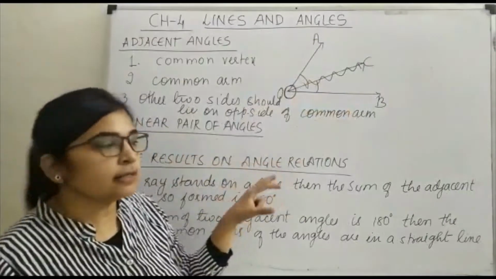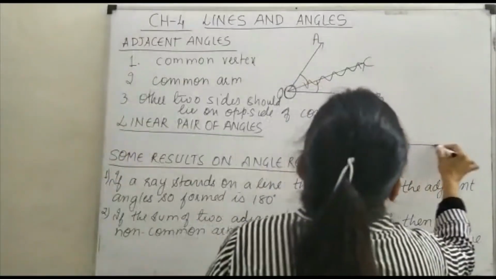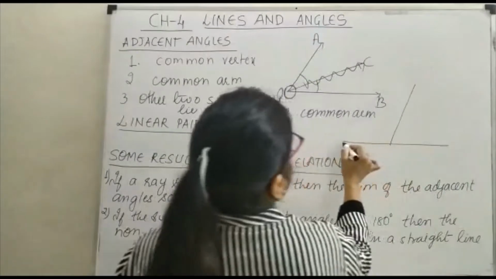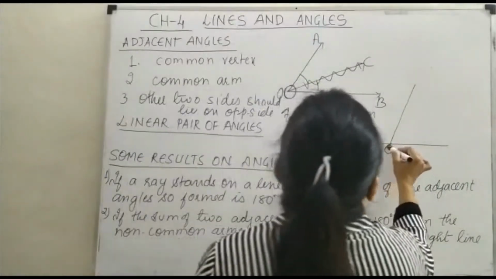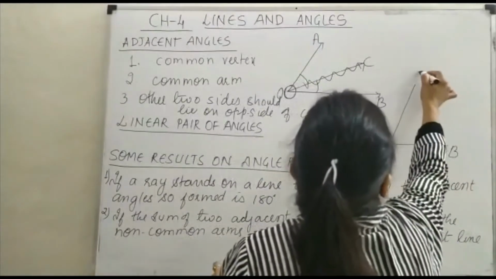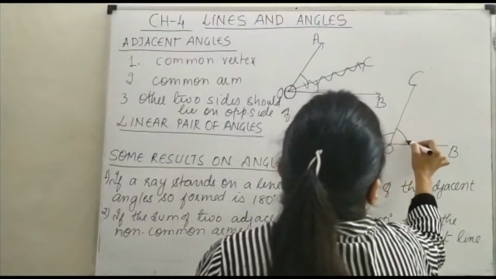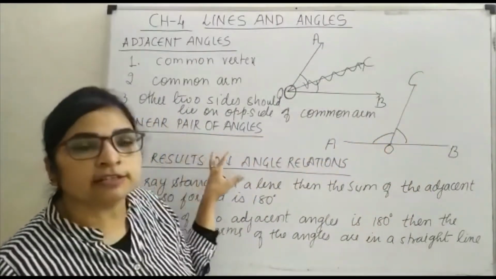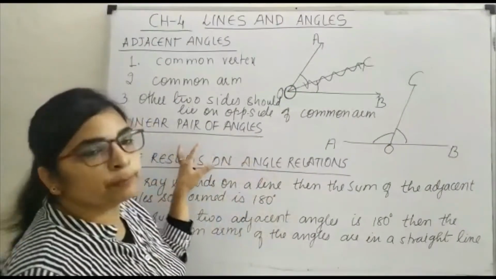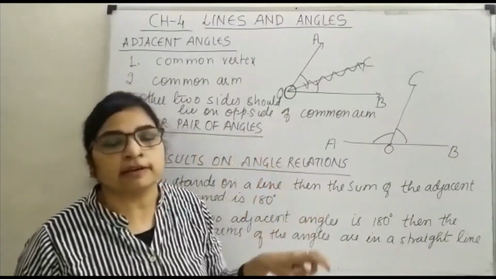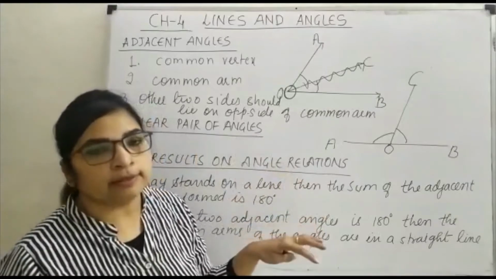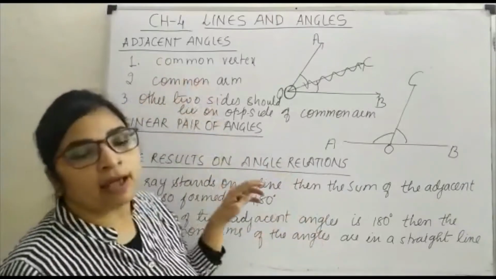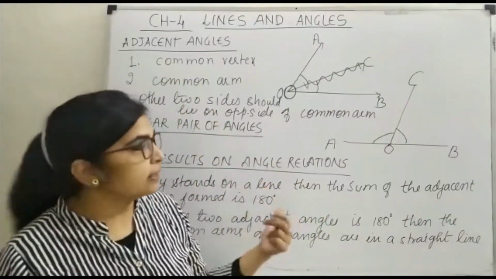Now if the sum of these two adjacent angles becomes 180, then they are said to be a linear pair. For example, the same figure I am drawing. This is A, this is O, this is B and this is C. You can see that the sum of these two is 180. So what is the condition required for a linear pair? If the sum of two adjacent angles is 180, then those adjacent angles are said to be a linear pair.